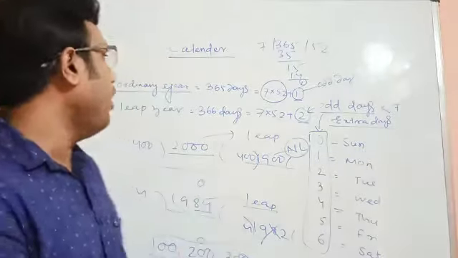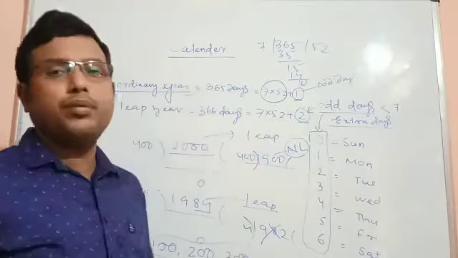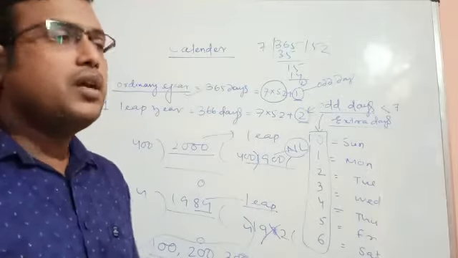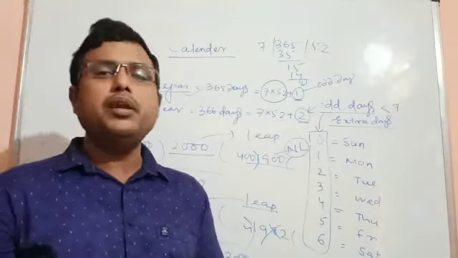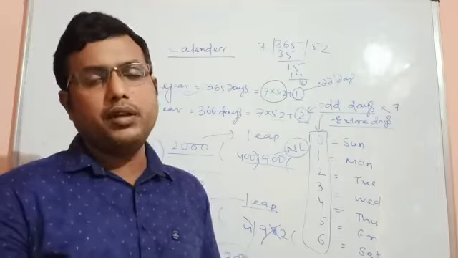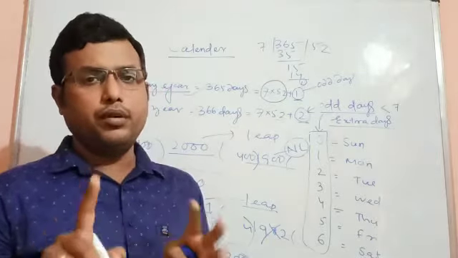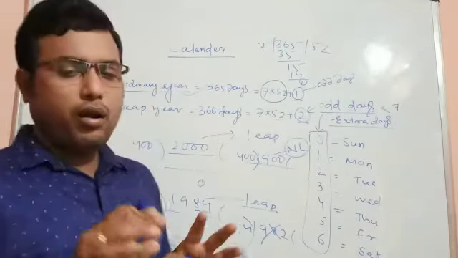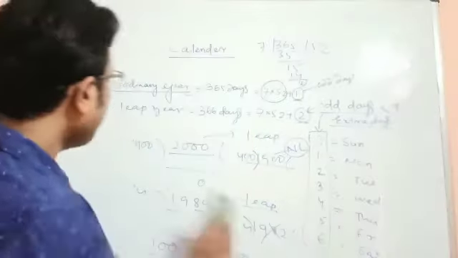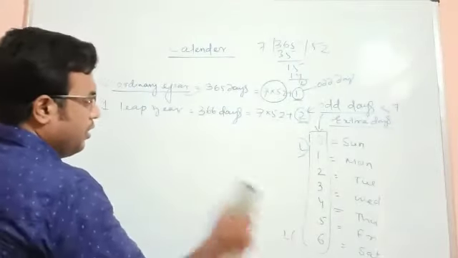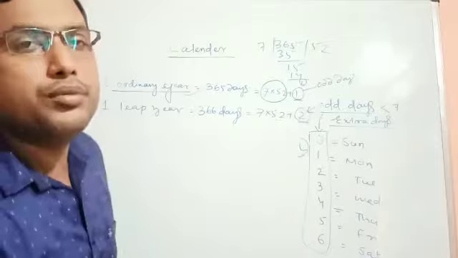In an ordinary year, February consists of 28 days. Another point: every 4 years there is a leap year. Keep all the points in your mind. And now we solve some questions.